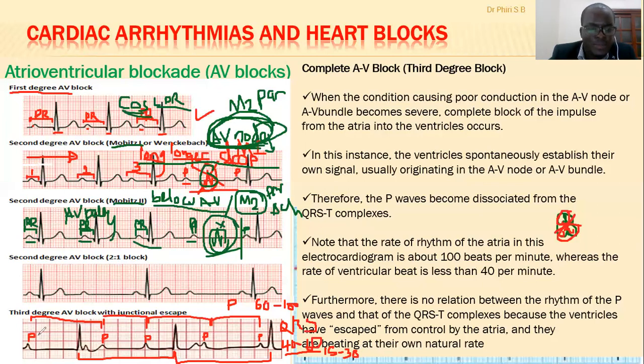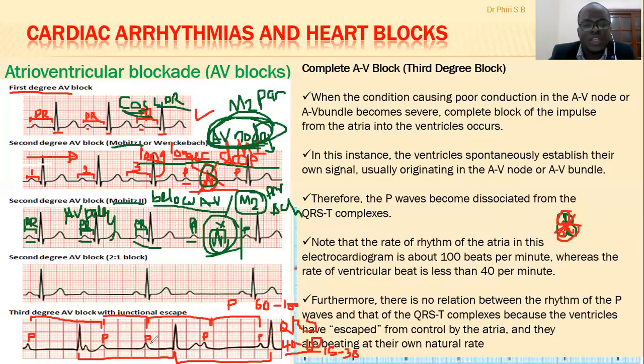So it means that the ventricles are contracting on their own and also the atria are contracting on their own. The atria are contracting due to the stimulation from the SA node. Then the ventricles, that action potential is not being transmitted to the AV node, so it means that they will develop their own action potentials. So they'll start contracting on their own.